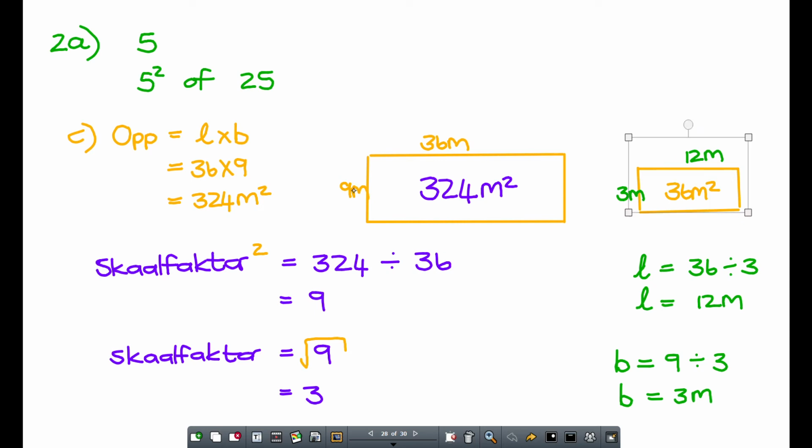Okay, my breadth or width was 9. I've got to get the reduced width. So I'm going to say breadth would be 9 divided by the scale factor of 3, which means that it's actually 3 meters. And now you can see 12 times 3 actually does give me 36 meters squared, right? You guys fine with that?